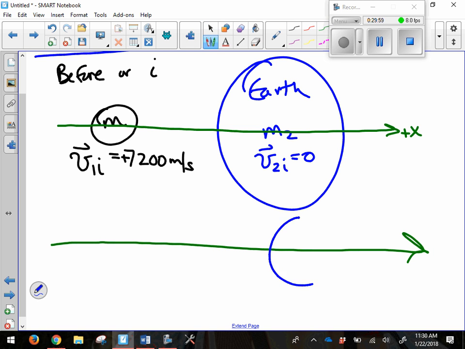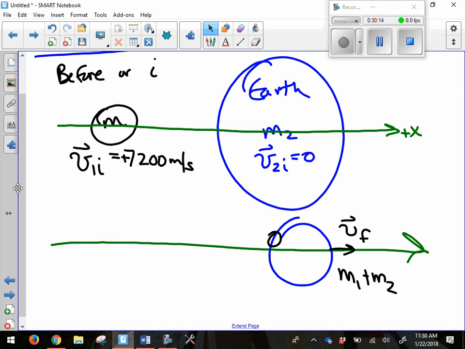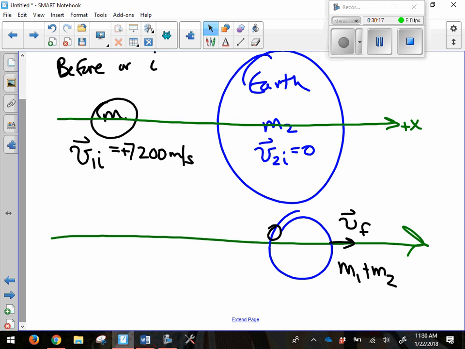Afterwards, on a much smaller scale, simply because I can't make it fit, my two objects are stuck together. So this is going to be m1 plus m2. And they're going to have some velocity that I'm just going to call v final because there's only one velocity here. And then this line down here is my after or my final.